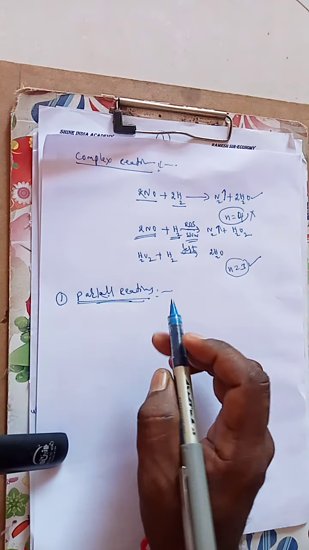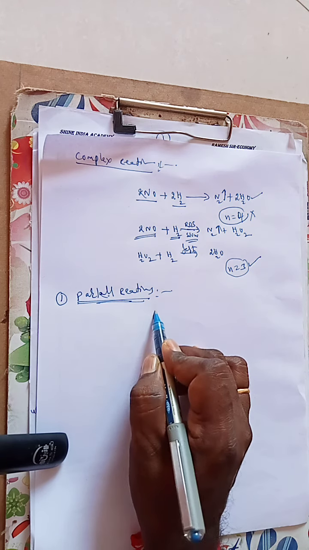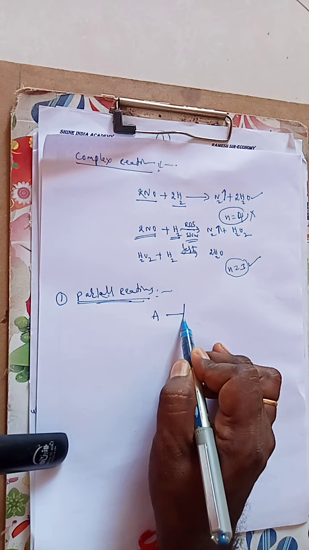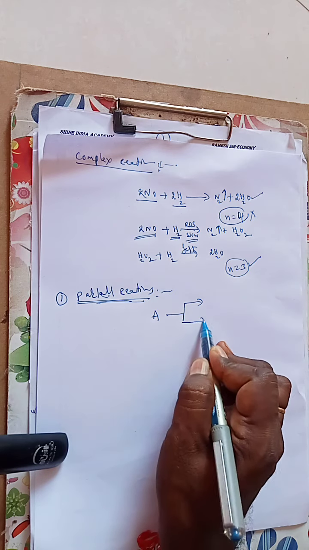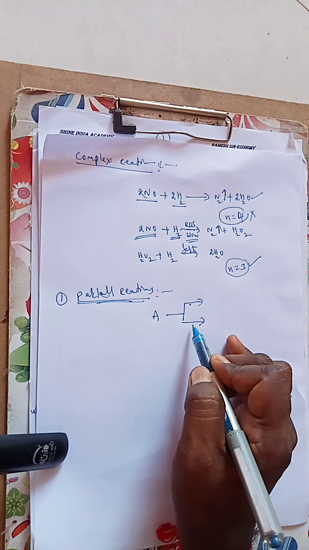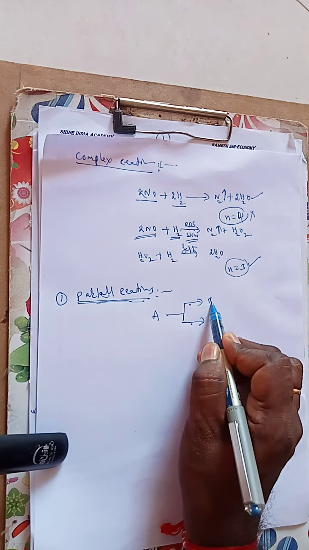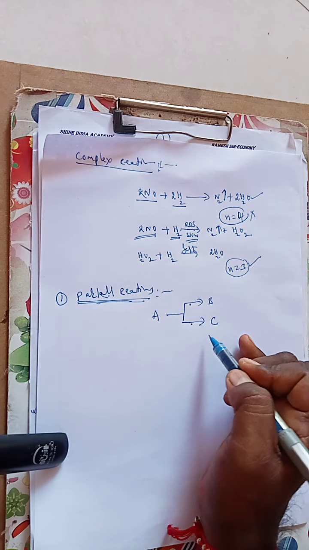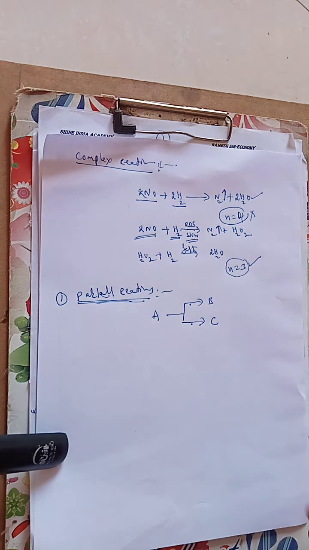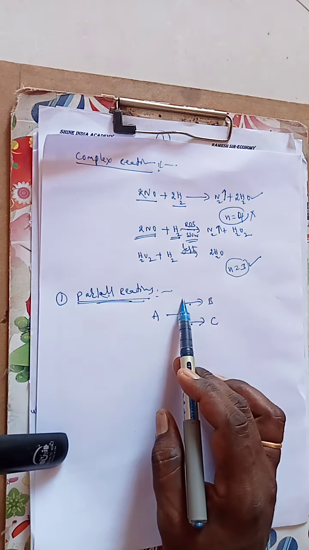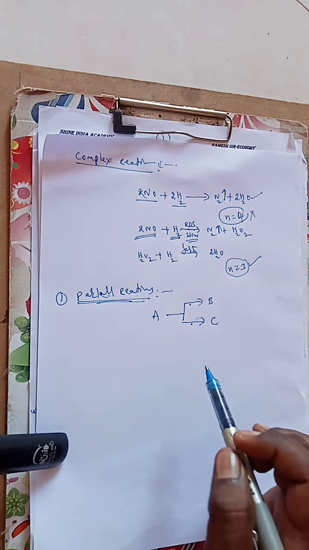For example, A is the reactant and it undergoes 2 or more independent reactions. This is one independent reaction, this is another independent reaction. We get B and C at the same time. This type of reaction is called a parallel reaction. Each independent reaction gives one product.